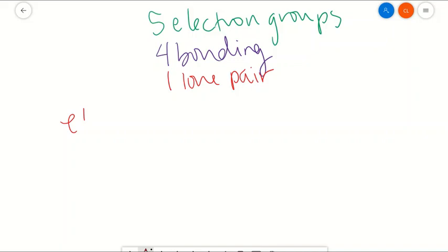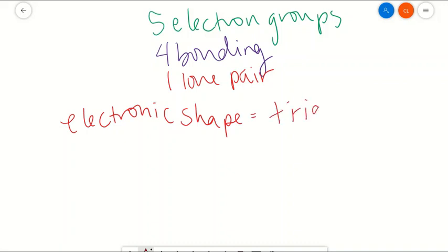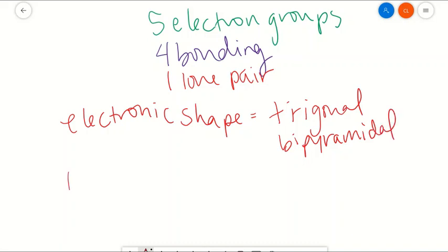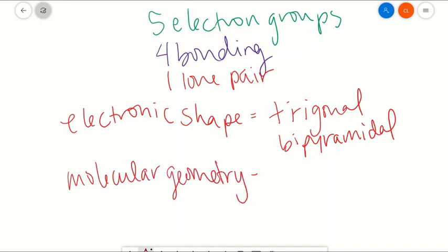So the electronic shape is the same as the last one, trigonal bipyramidal. And the molecular shape, or molecular geometry, those can be used interchangeably, is what we call seesaw.